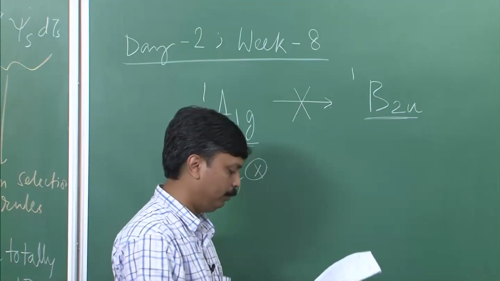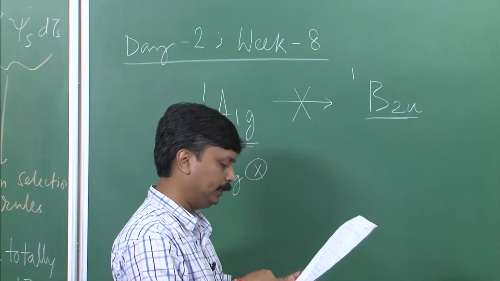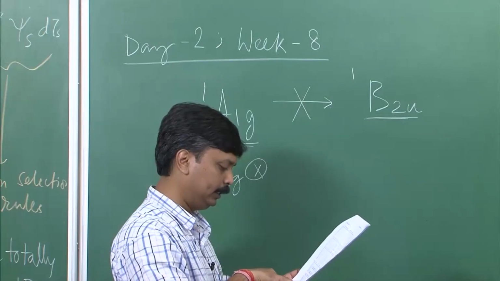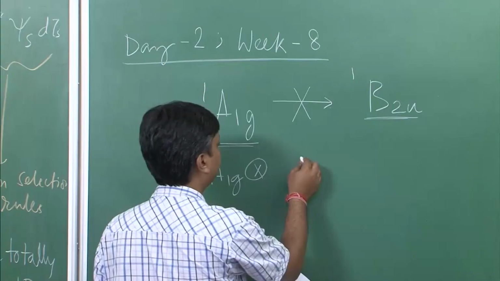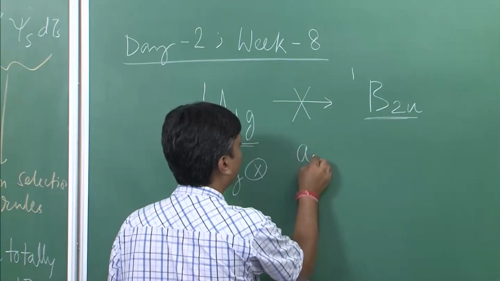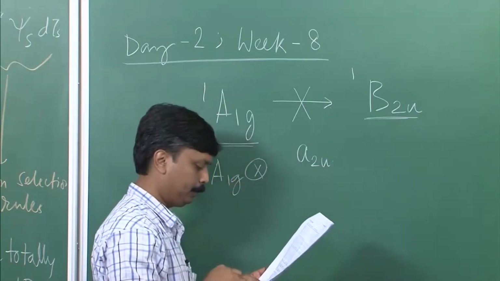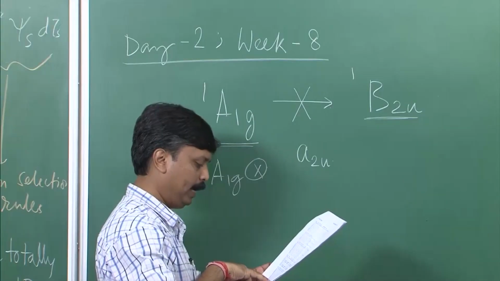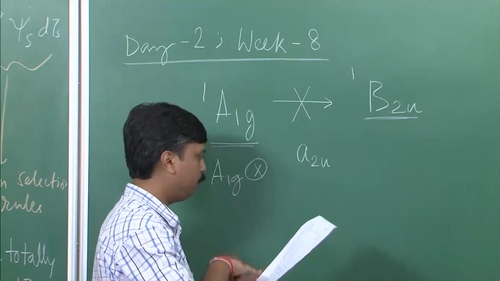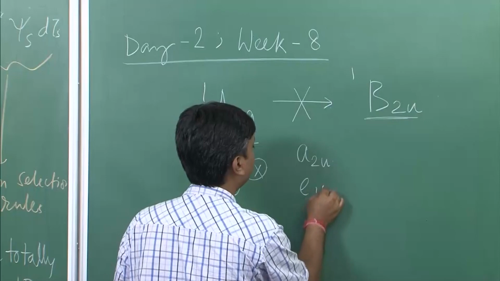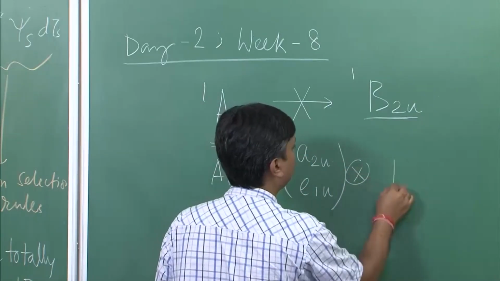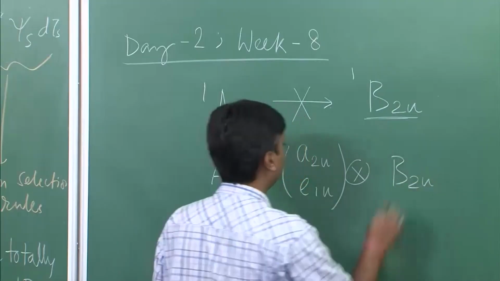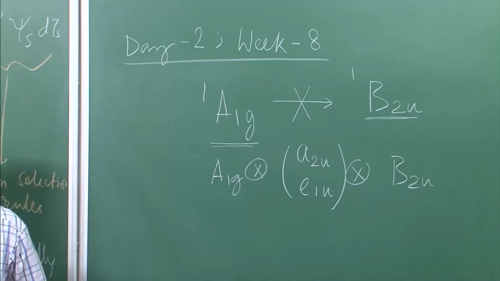If I look at that, then I see that z forms the basis for A2U, and x and y form the basis of E1U. Then I have to explicitly do the direct product.